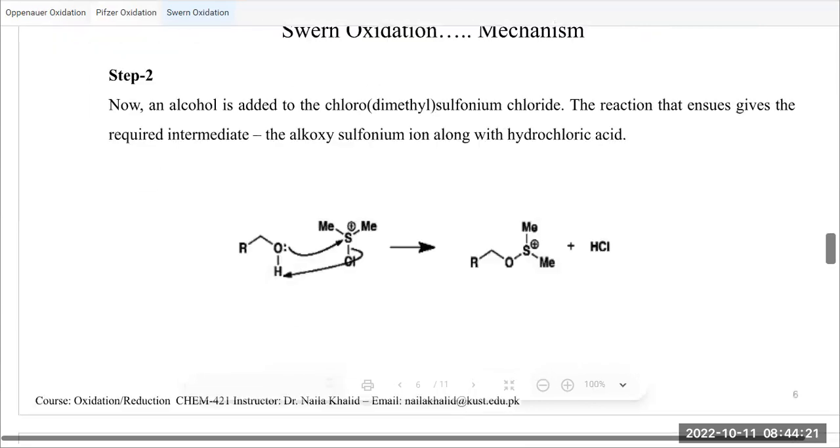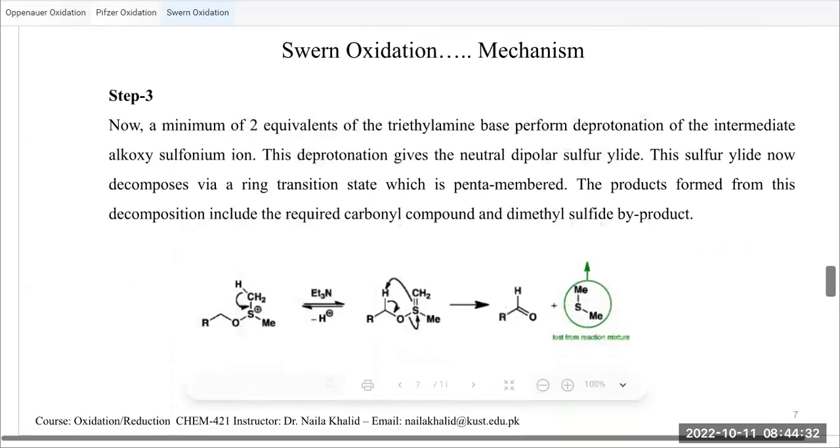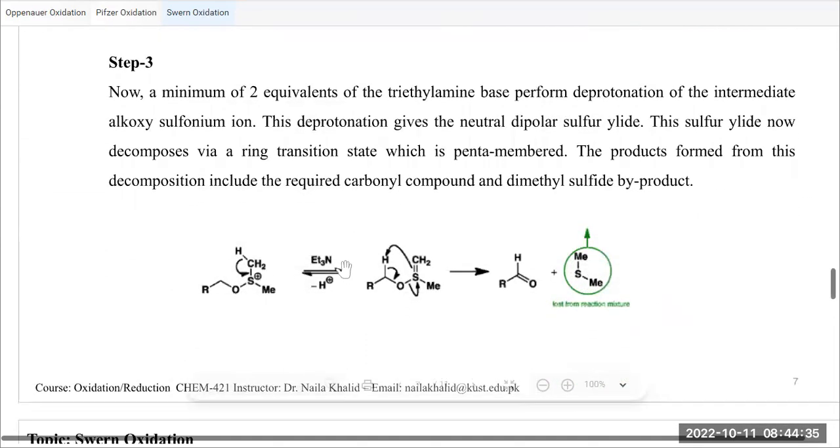In the second step, this active species, chlorodimethyl sulfonium ion, will react with alcohol and it will give you this type of intermediate, which is further decomposed in the third step in the presence of any base.